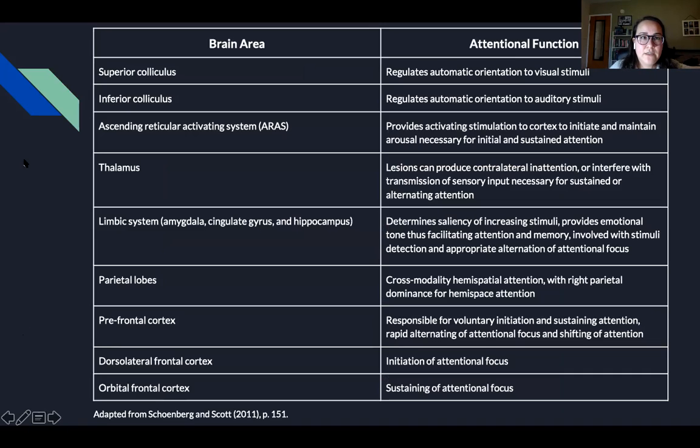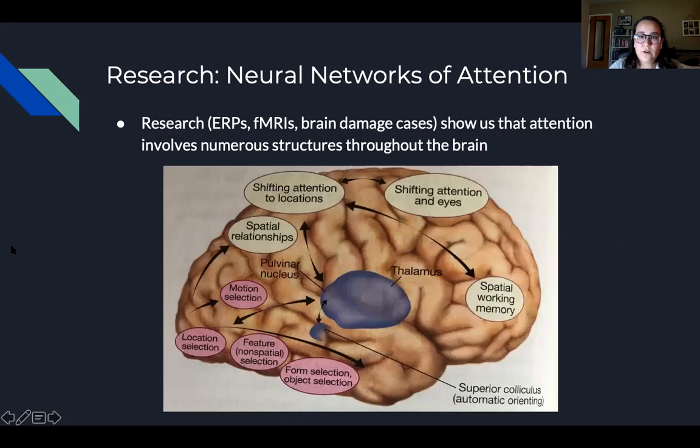I put this graph in here from a really great neuropsychology textbook I have, just to show you all of the different areas that are involved in attention. And if you have taken a neuroscience class or are familiar with brain neuroanatomy, you'll also realize that these are areas that are scattered all throughout the brain. So again, they're not concentrated. They're all spread out all over the place.